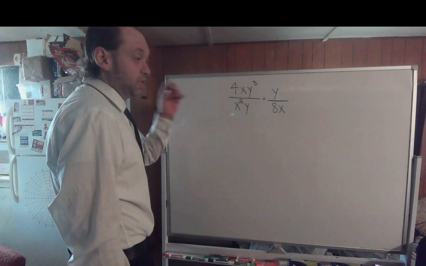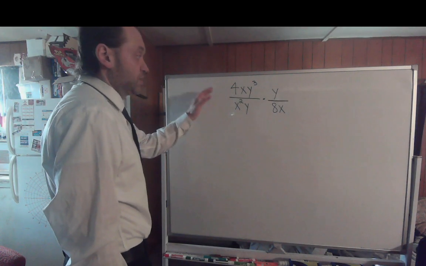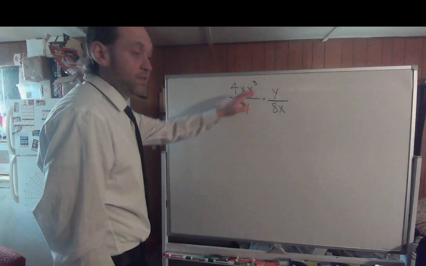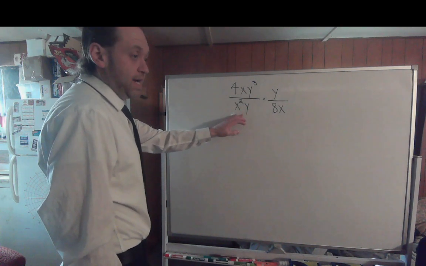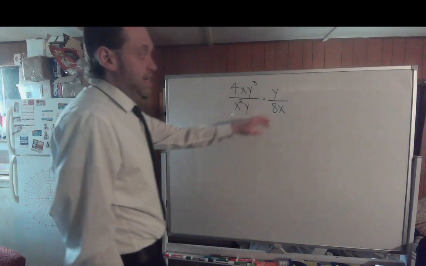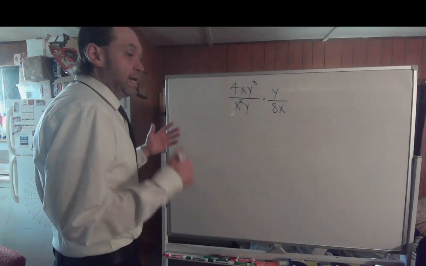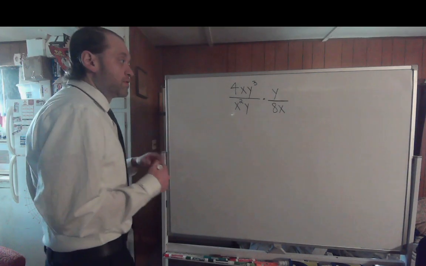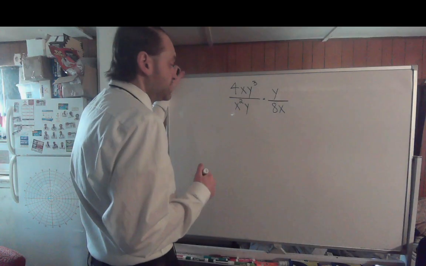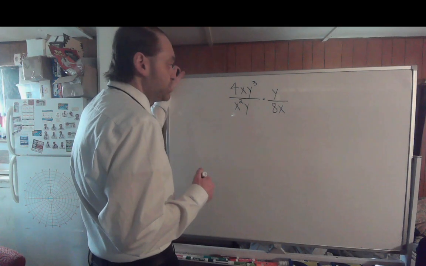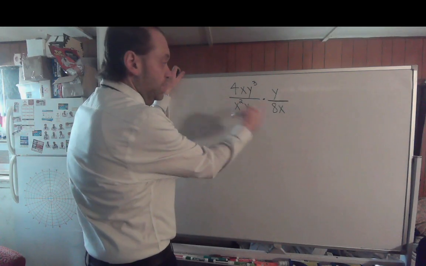So we're multiplying two rational expressions. We have 4xy to the third divided by x squared y, all that times y over 8x. Well, it's easiest when you look for what you can cancel out. So let's look for the constant terms.